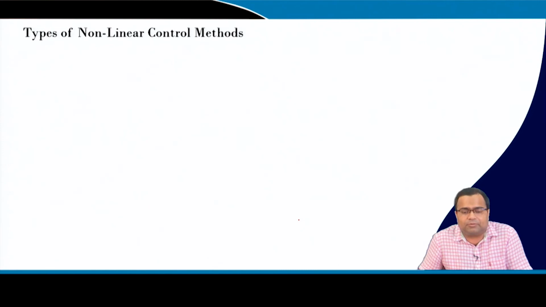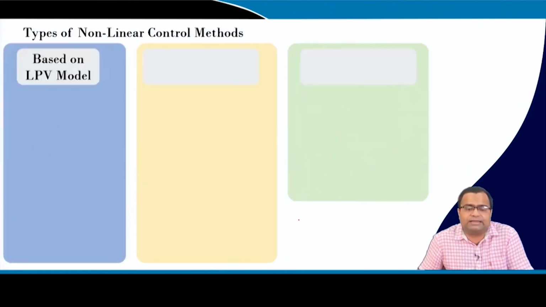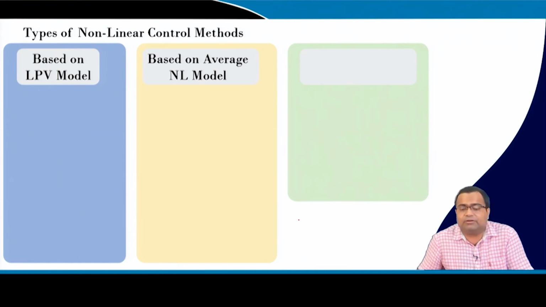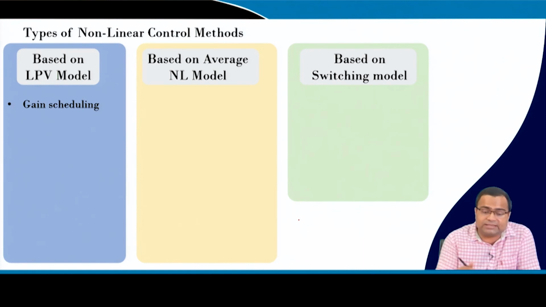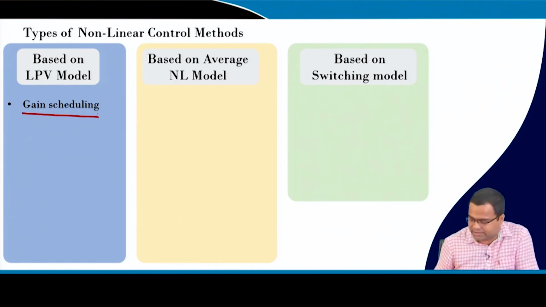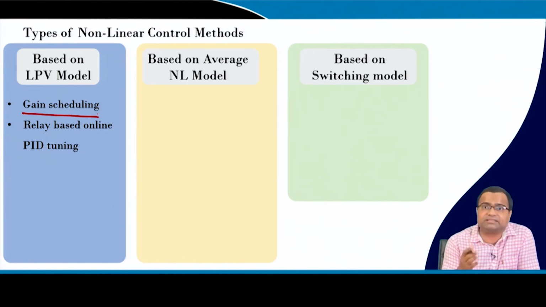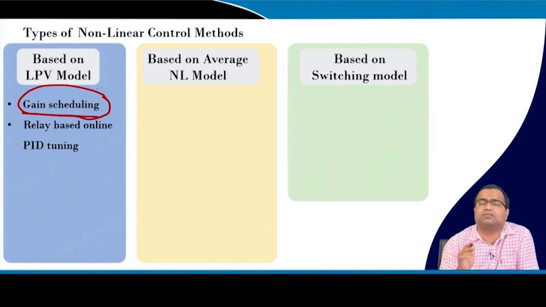So, the types of control depend on the model. First, if you take the linear parameter varying model, then we will take the average nonlinear model and the switching model. Gain scheduling is a very popular technique. In fact, we have discussed PID controller tuning using relay-based tuning, Ziegler-Nichols. So, gain scheduling means we have talked about analytical controller design, right.